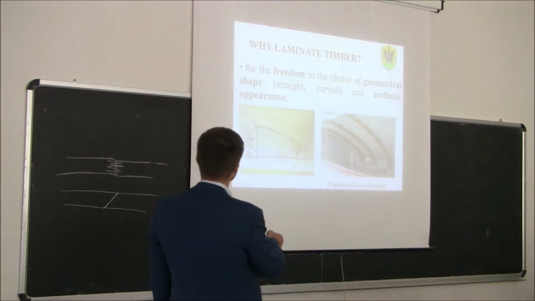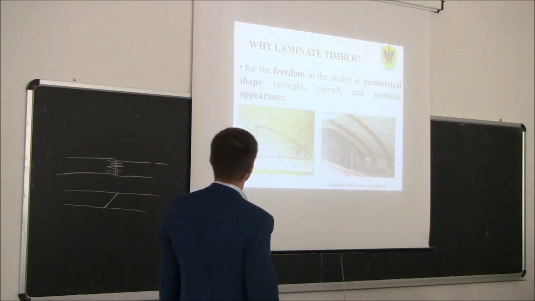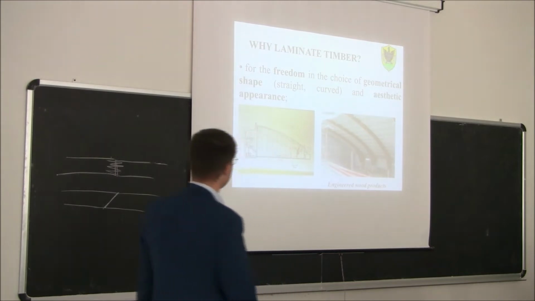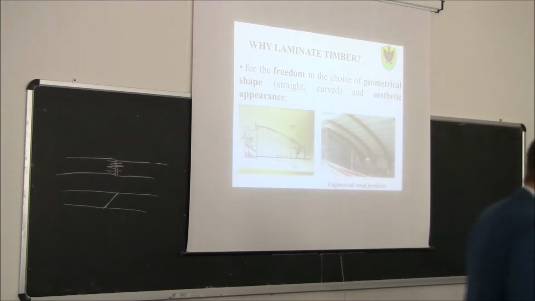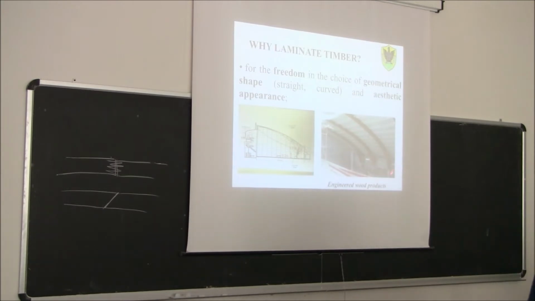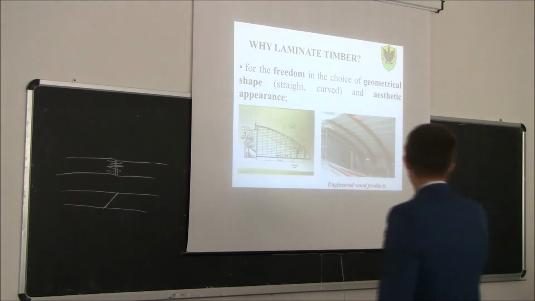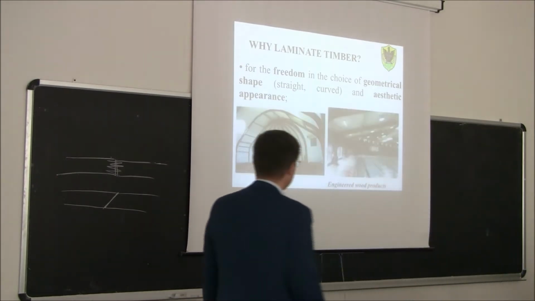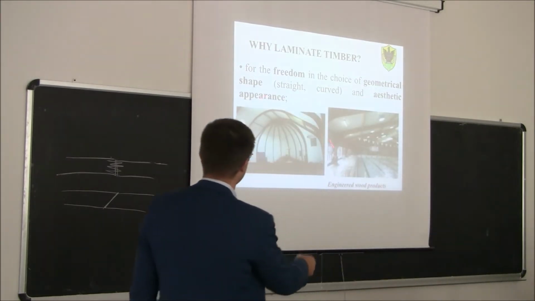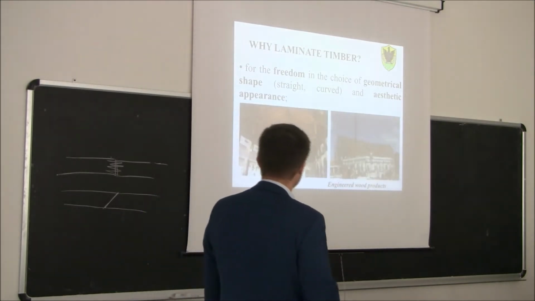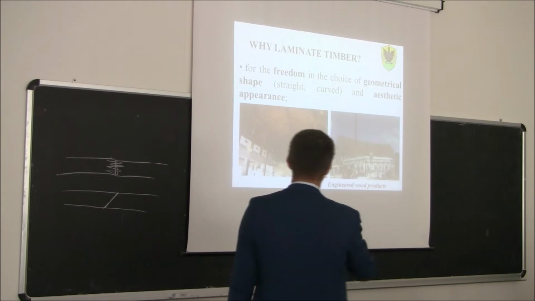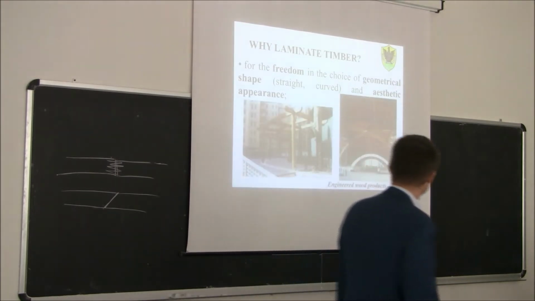Then, another good reason is freedom in the choice of geometrical shape, straight or curved, and aesthetic appearance. In this way we can make architects happy, because you can see here we can have very nice shapes, curved shapes, variable cross section. You see different kinds of shapes, curved members, other interesting shapes, lots of curves.